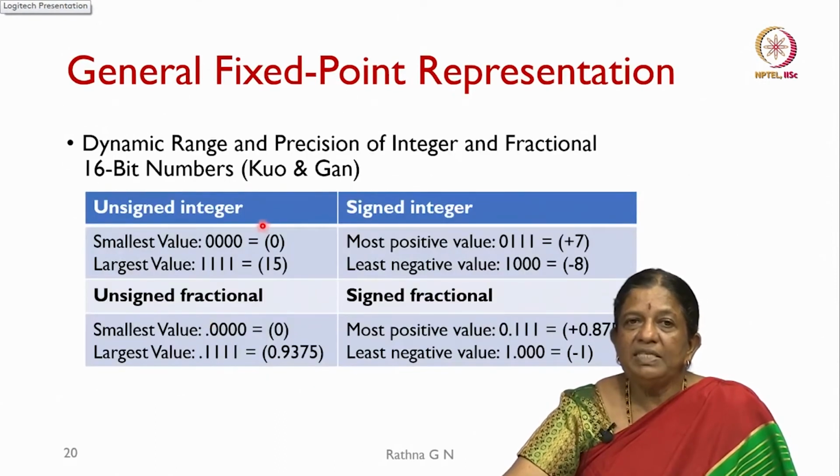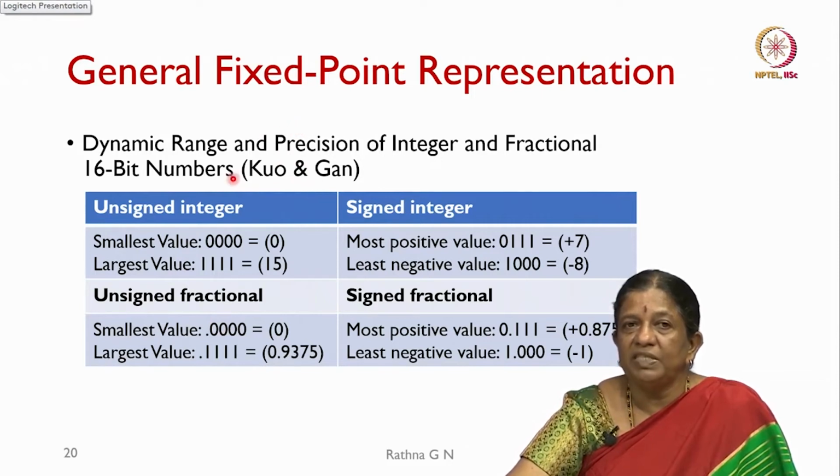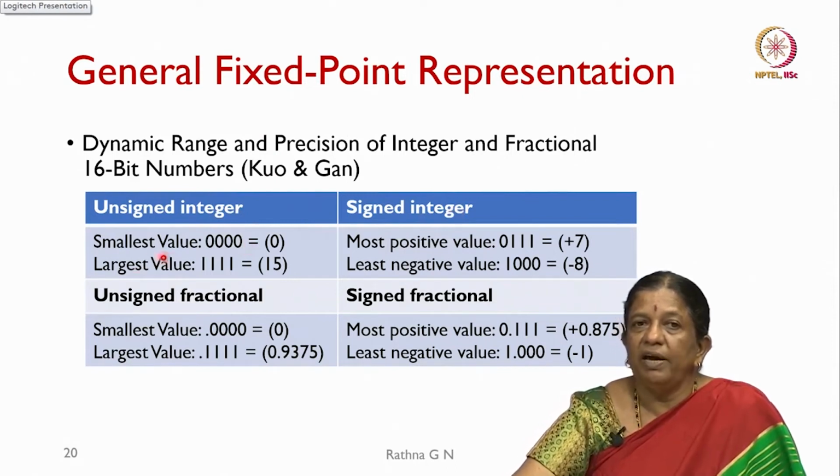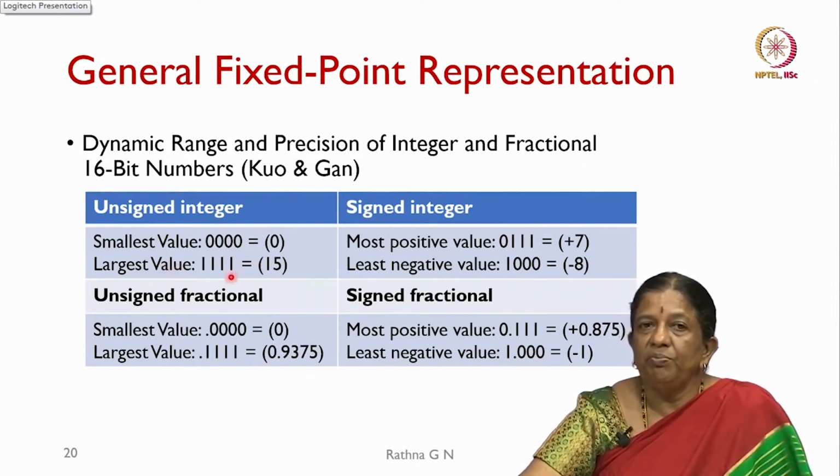Okay. So we will see the general fixed point representation, how we can do that, as given by Cohen and Gann for 16-bit numbers. If it is an unsigned integer, how is it going to be represented in the signed integer format? The smallest value for an unsigned integer is 0, and the largest value is going to be 1111, so it is going to be 15.